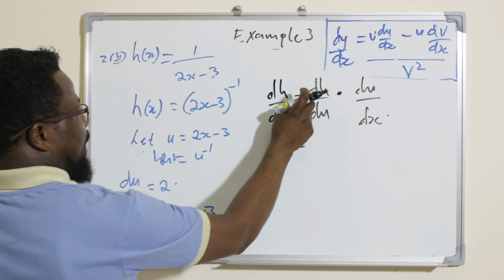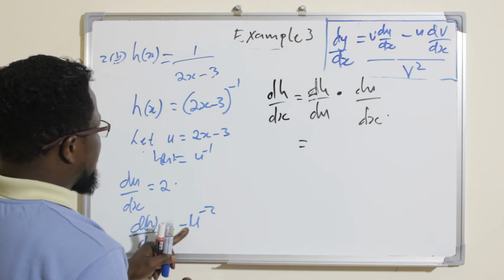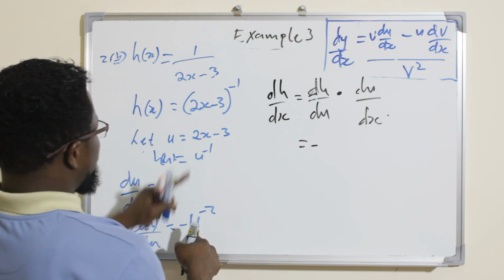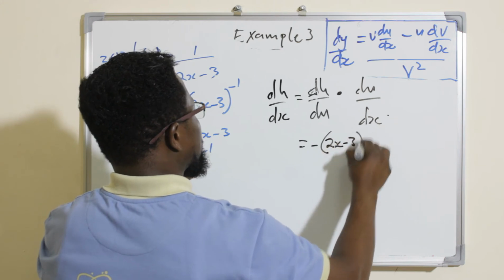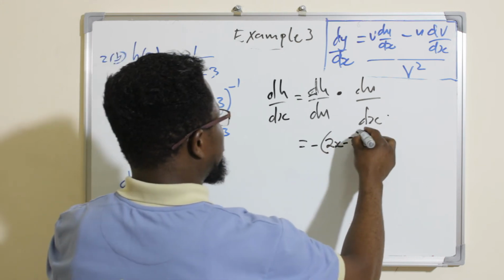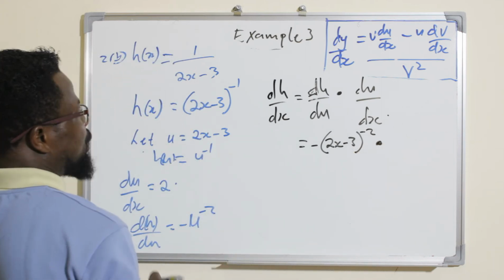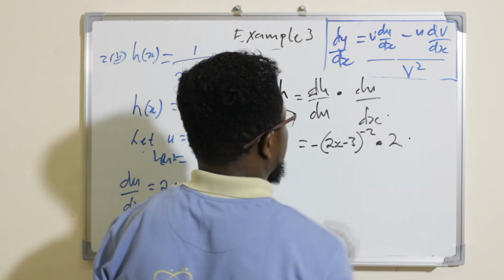What is dh du? dh du is negative u. What is u? U is here, so put it as it is, exponent negative 2, multiplied by du dx. Du dx is 2. So 2 is there.